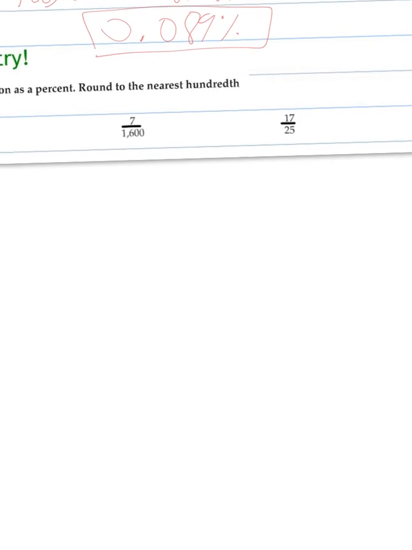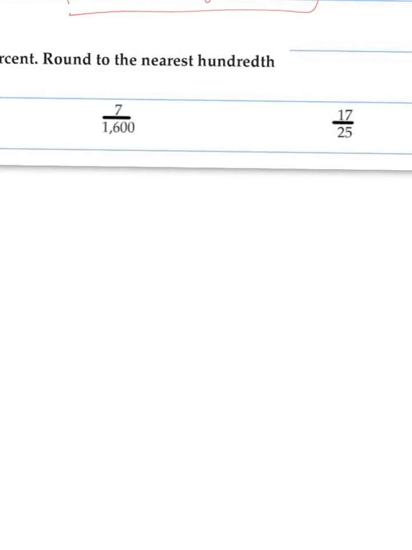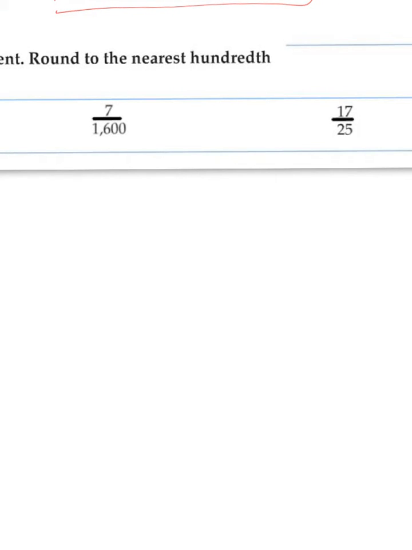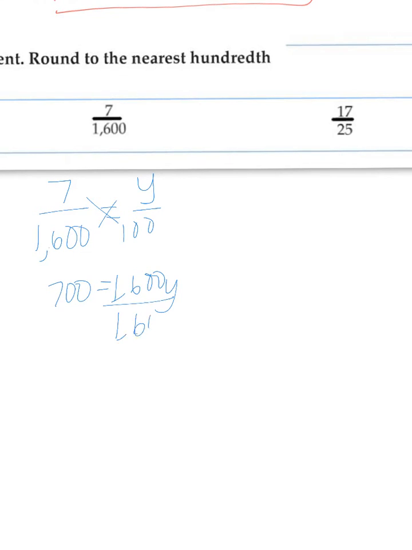All right, let's try these two. Round your answers to the nearest hundredth. All right, 7 over 1,600. Set up my proportion. I need it to be out of 100. Cross multiply. Divide both sides by 1,600 to get y by itself. 700 divided by 1,600, rounded to the nearest hundredth is 0.44.